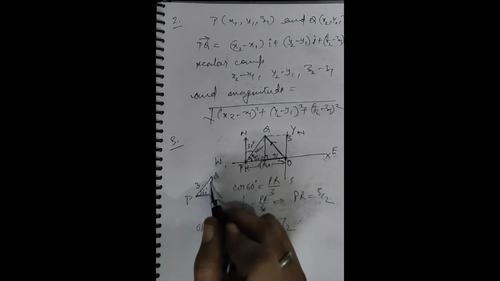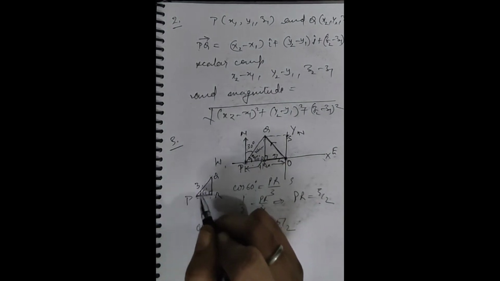So in triangle PRQ only, we can calculate QR using this 3 and 60 once again. We have to take sine. If I take sine 60, it gives QR upon 3. Sine 60 is root 3 by 2. It implies QR is 3 root 3 by 2.